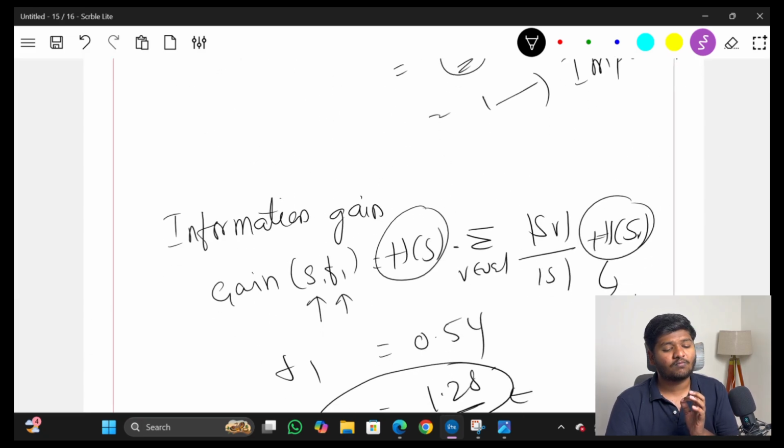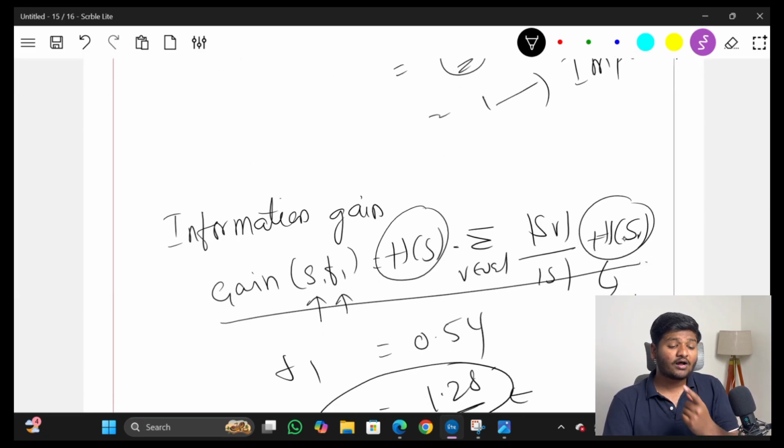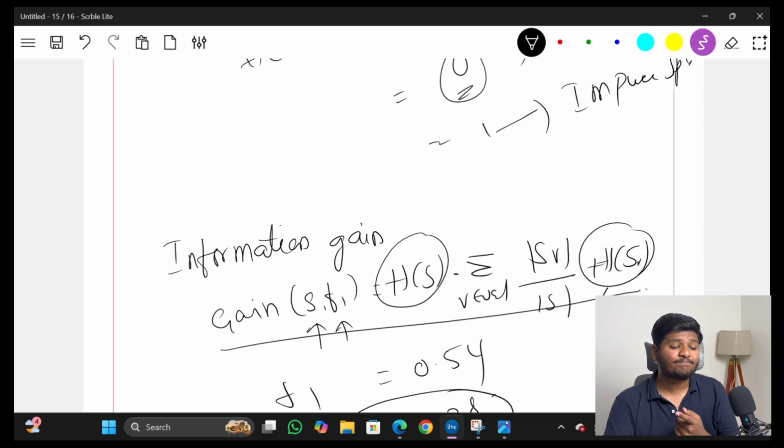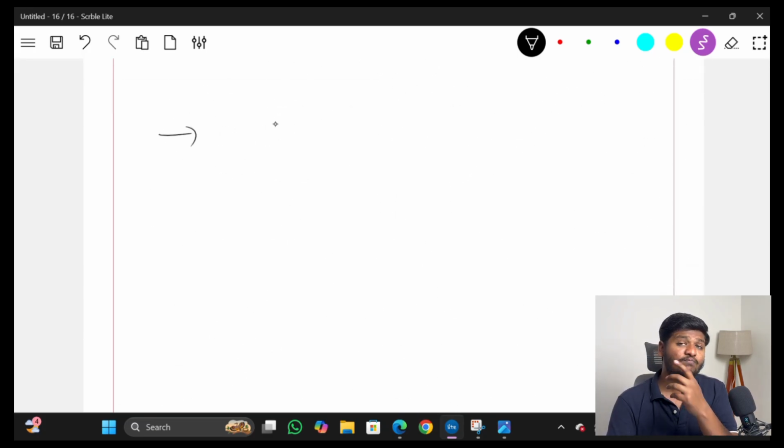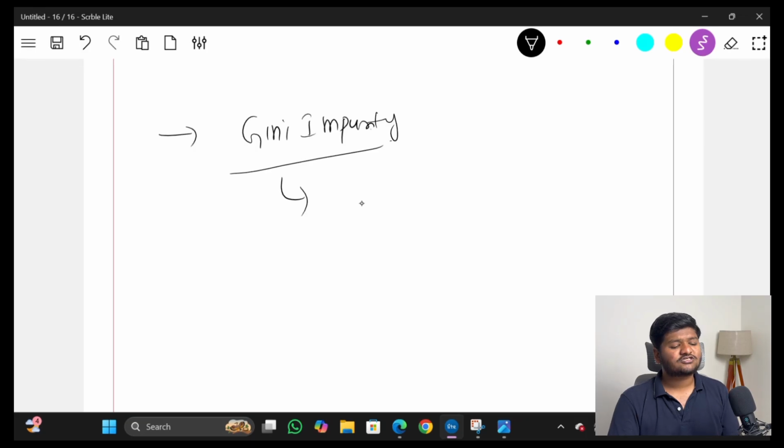By using this formula. Now I mentioned Gini impurity. What does this mean? I'll show you. Entropy and Gini impurity both are similar. Now, what is the formula of Gini impurity? Gini index formula equals 1 minus summation of probability whole square.